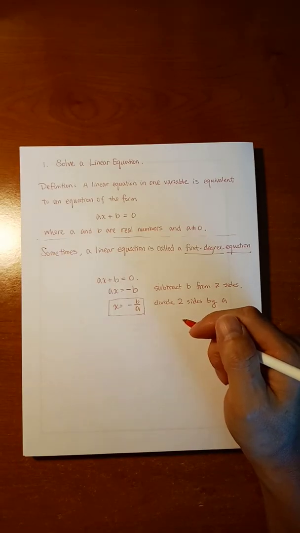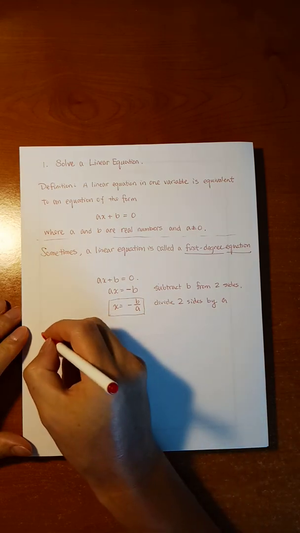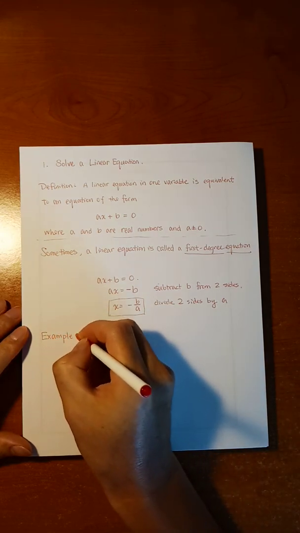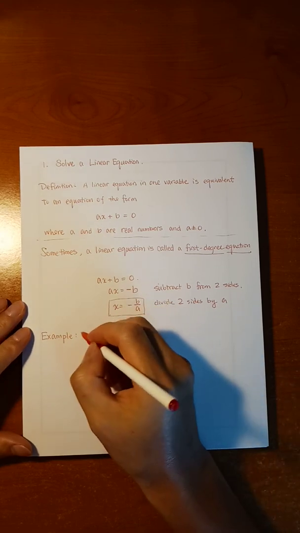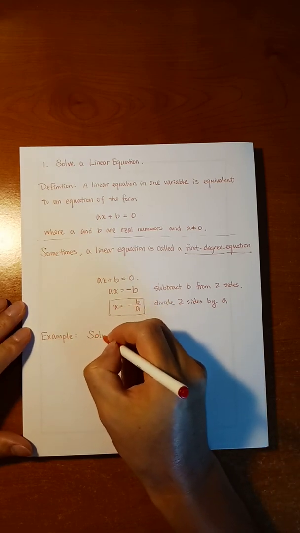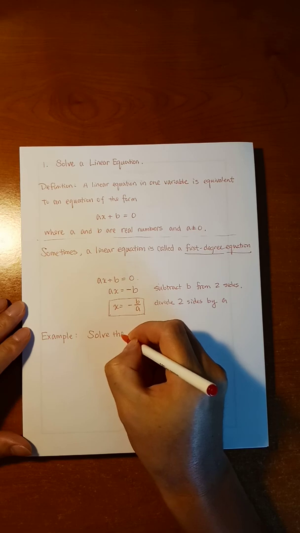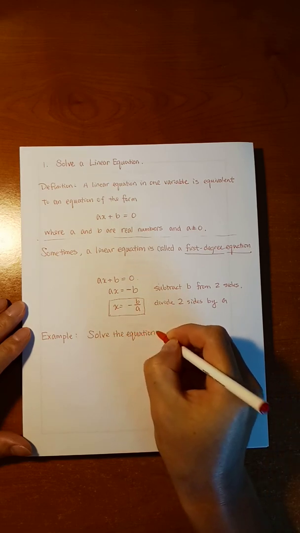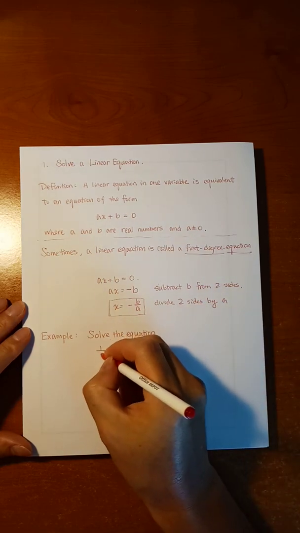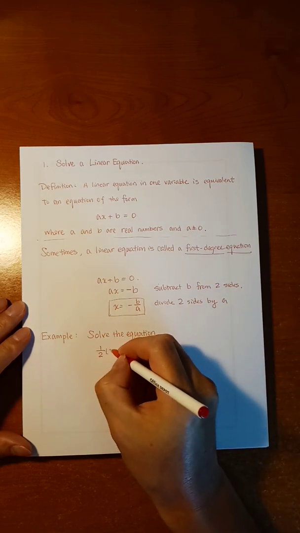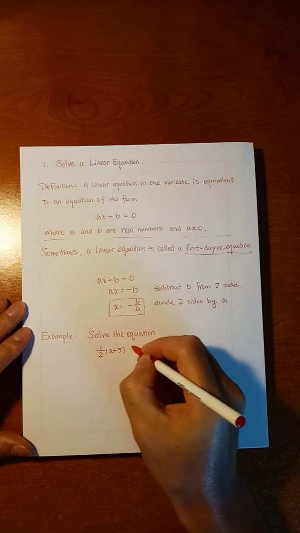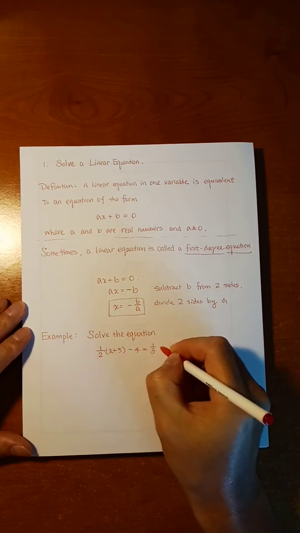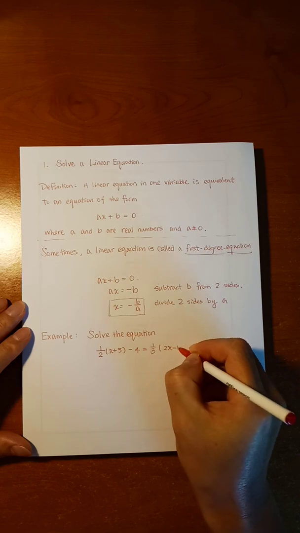Let's see a concrete example. Solve the equation: one half x plus 5 minus 4 is equal to 1 over 3 times 2x minus 1.